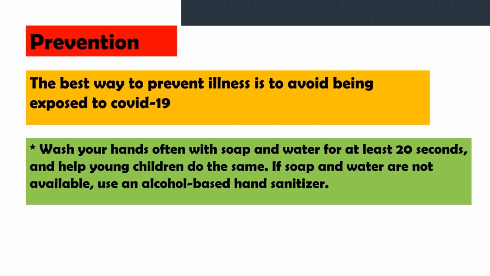It's not too difficult to do. For example, hand washing. We need to wash our hands when we touch a contaminated object or surface. Just clean hands frequently with soap and water.